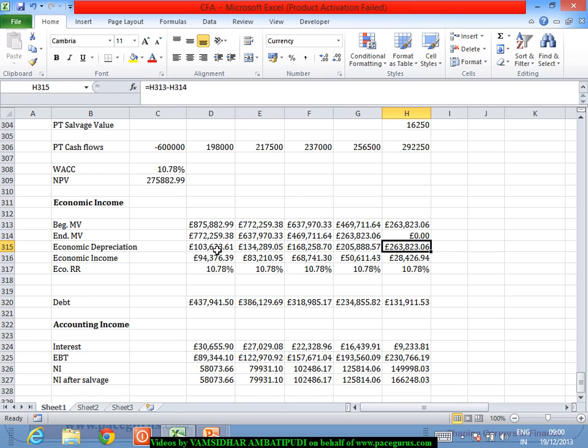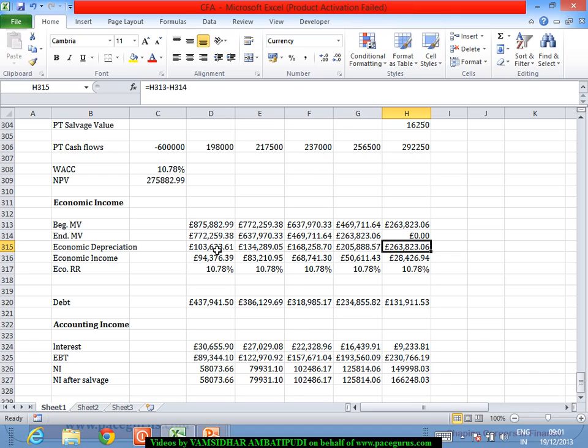That is contributing to very low economic incomes in the later stages, whereas accounting income has been growing year over year. That is one way we look at the differences between economic income and accounting income.